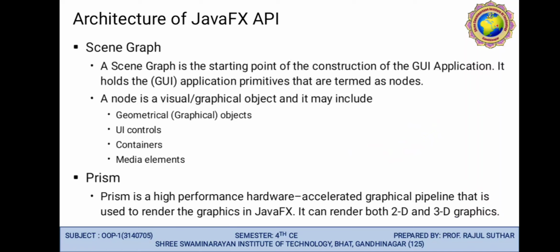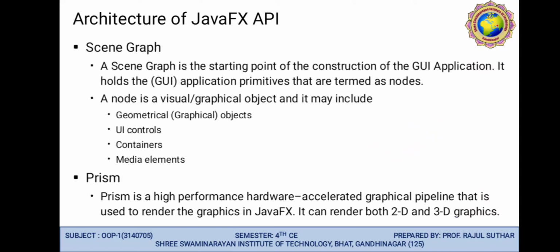Prism is a high performance hardware accelerated graphics pipeline. It is used to render the graphics, in 2D or 3D. To render the graphics, Prism uses DirectX 9. You may have heard this term in previously installed operating systems like XP as well as Vista, while Windows 7 uses DirectX 11.